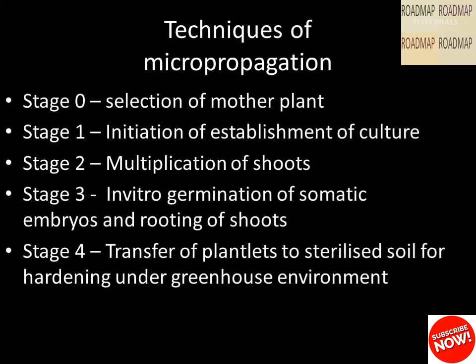Selection of an appropriate explant is also important in this step. The most commonly used explants are organs, shoot tips, and axillary buds. Whichever explant we choose, we have to surface sterilize it and wash it before use. So stage 1 involves the initiation and establishment of culture.